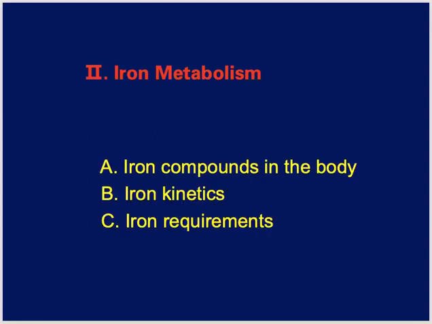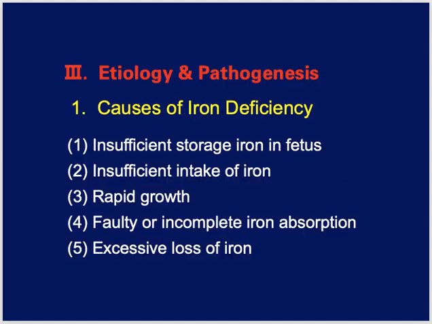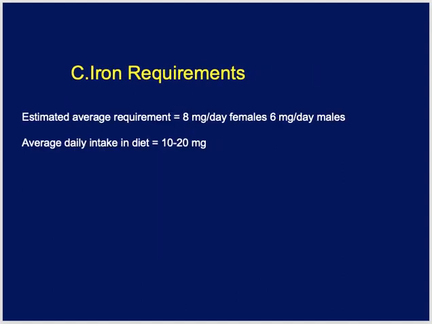Okay, so now the important thing which we are going to cover today is iron deficiency anemia. Okay, it is the most common type of anemia, and the etiology of iron deficiency anemia can be anything.